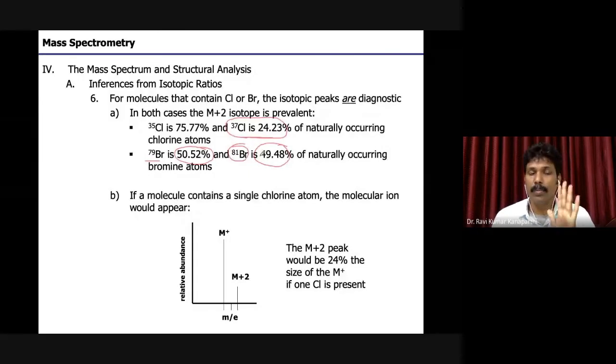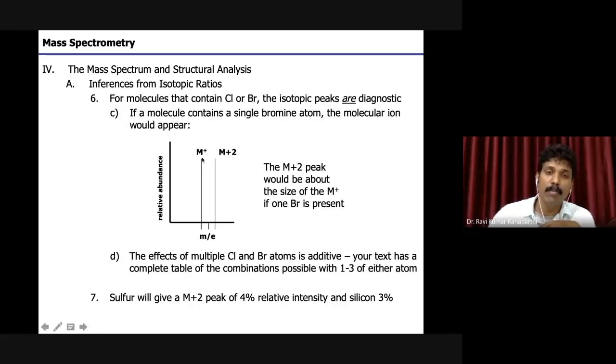Therefore, when you record the mass spectrum of a compound containing bromine, you will see the M peak and the M+2 peak with almost equal intensity. Whenever you come across this feature, you immediately conclude that there is bromine. There is no other alternative, because this comes from the relative abundance, and that is very evident from the spectral data in most cases.